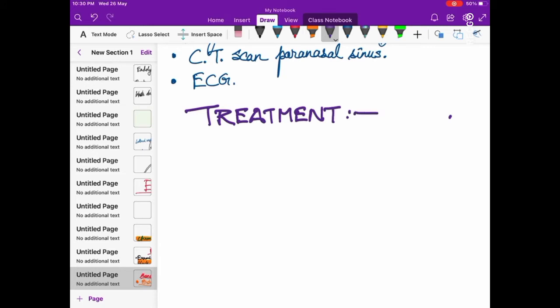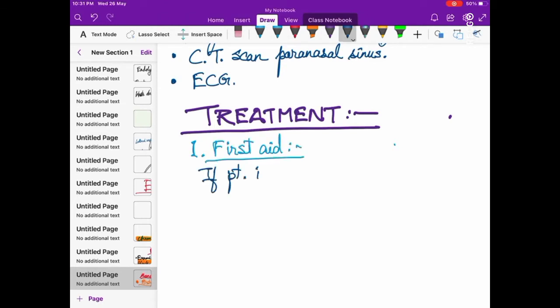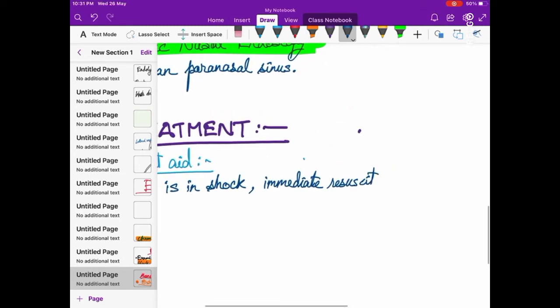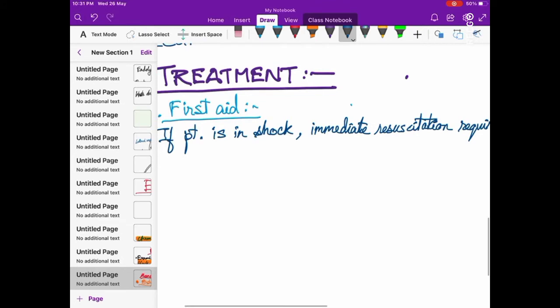Treatment for epistaxis. First aid can be given. If patient is in shock, immediate resuscitation is required.